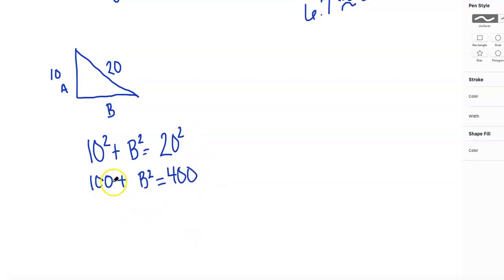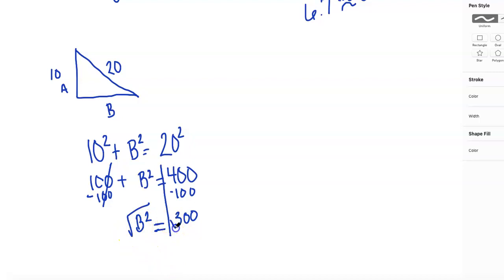So I have 100 plus B squared equals 400. Guys, simple one-step equation here. I'm going to take 100 and subtract it from both sides. That's gone, and you're left with B squared equals 300. Final step is to do what, guys?